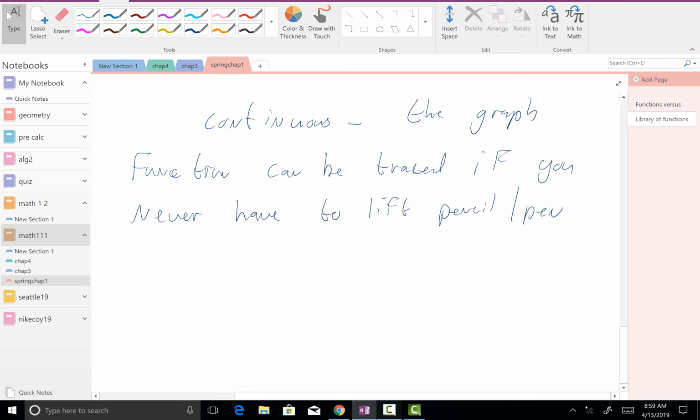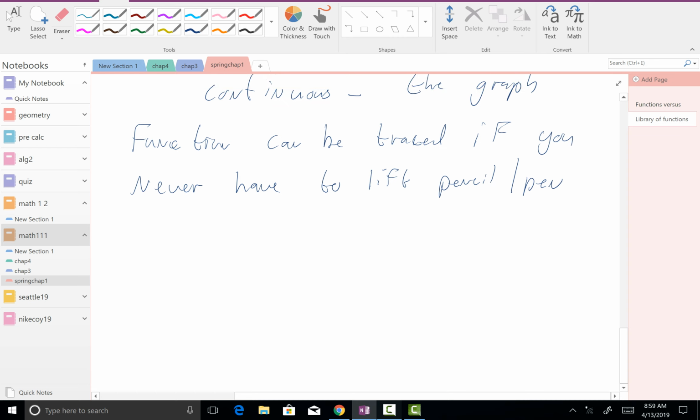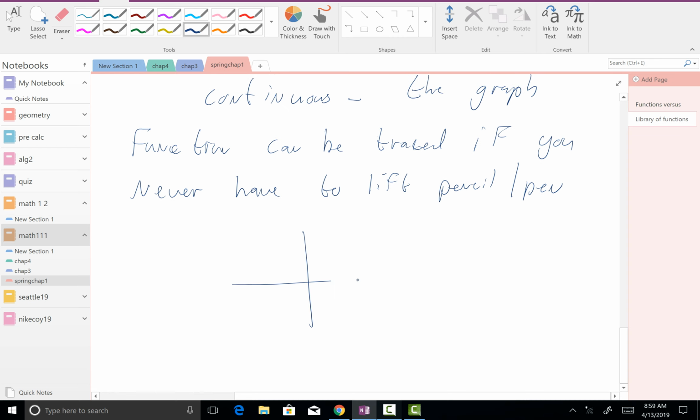All right? So in other words, mathematically what they're saying is that the graph exists upon each value of x. So there is a y. So if I have a graph like all the ones that we were doing, I can trace this and never lift my pen or pencil. But as soon as I look at something like a floor or a ceiling, lift, lift, okay?